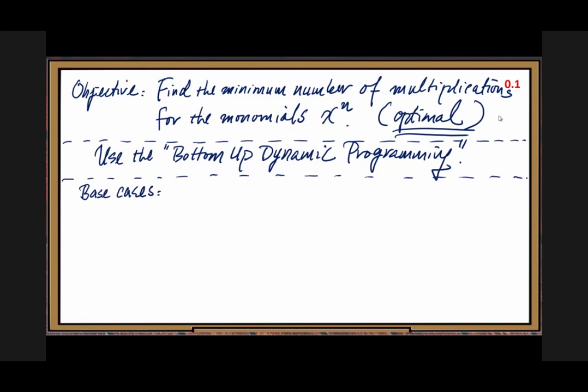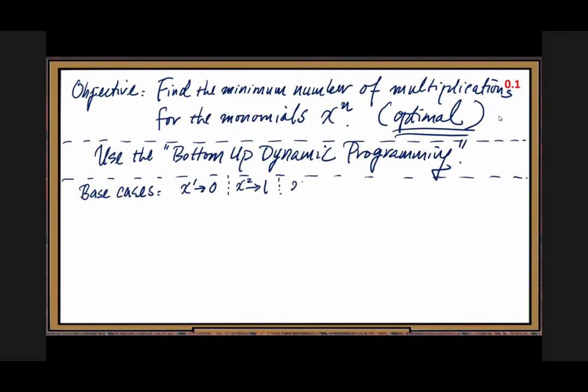When n equals 0, no multiplication. Let's start from x to the first: 0 multiplications. X squared, 1 multiplication.